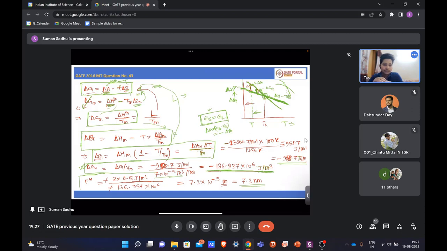That's why for heterogeneous nucleation the delta T, the undercooling you need, is very small. But for homogeneous nucleation, the delta T is quite large, sometimes greater than 200 Kelvin. So it depends on the kind of nucleation also. Is it clear?